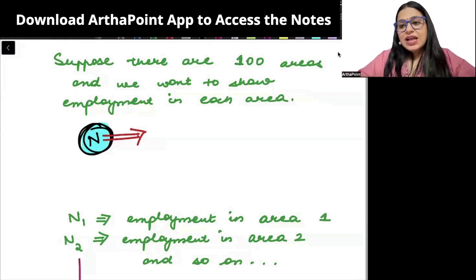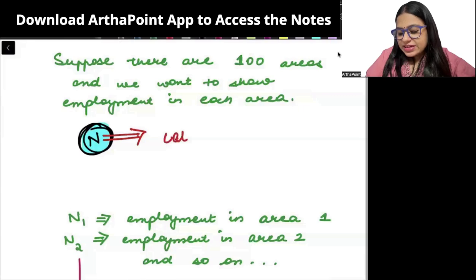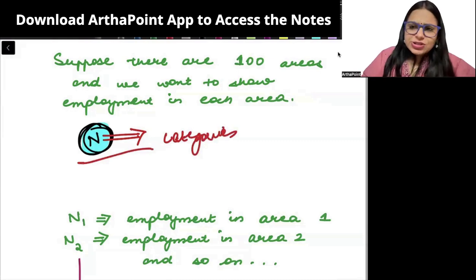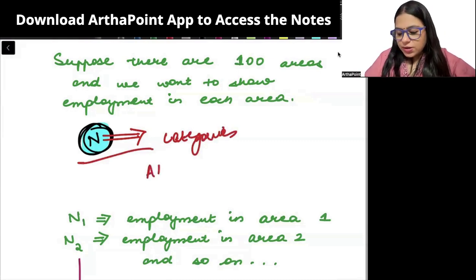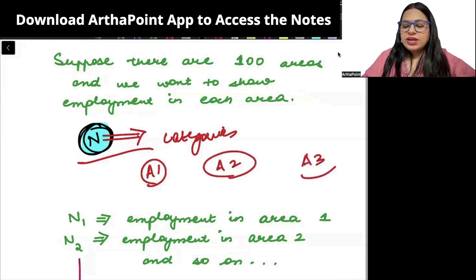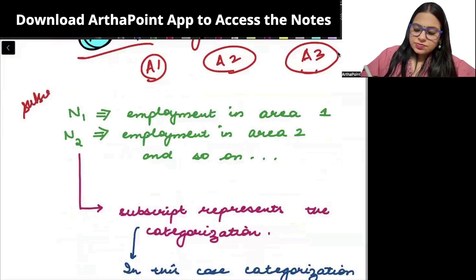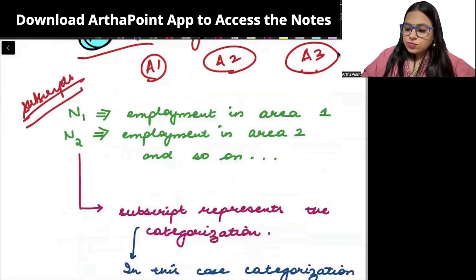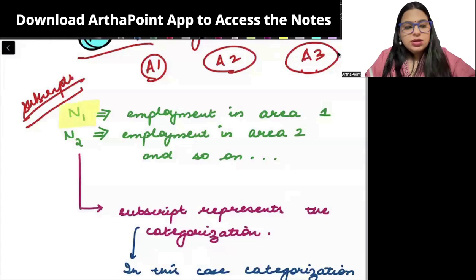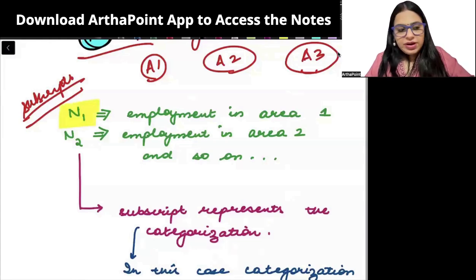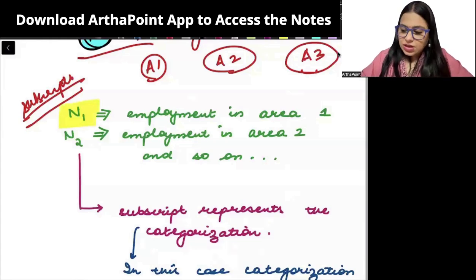I need to go ahead and I need to create categories within employment. कि अच्छा, what is the employment in area 1, what is the employment in area 2, what is the employment in area 3, then I will use the subscripts. तो ये देख रहे हो, N1 represents the employment in area 1.